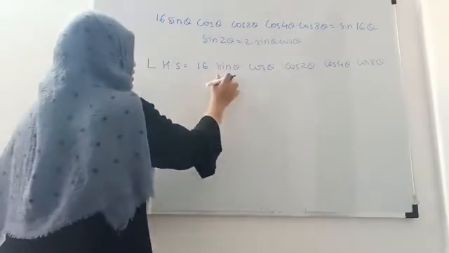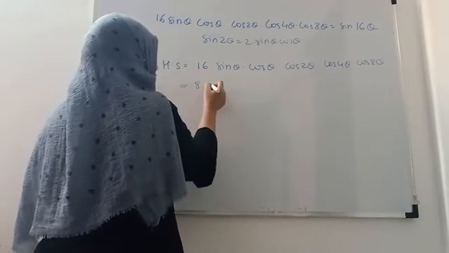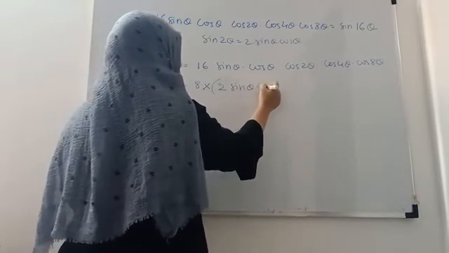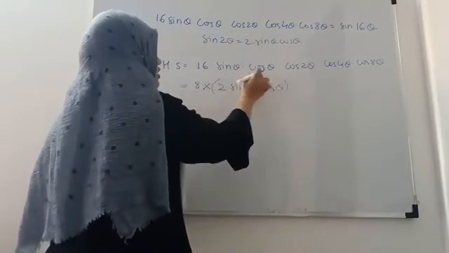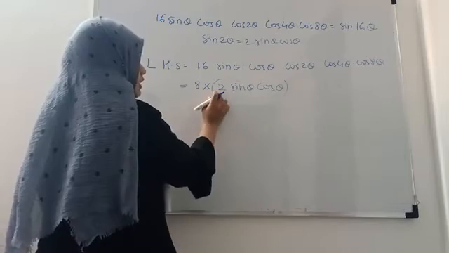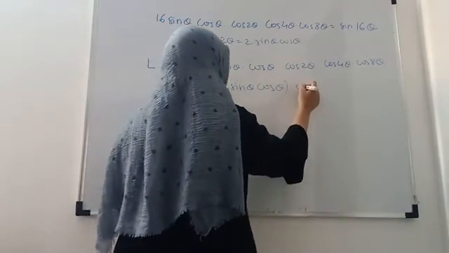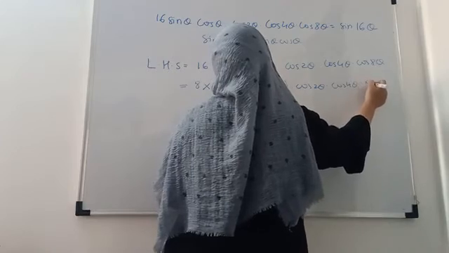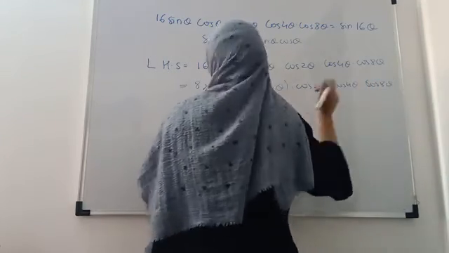Okay, now this 16 can be written as 8 into 2 times sin theta cos theta. I have just taken this 2 inside the bracket, sin theta cos theta, this term as it is, this term as it is, this term as it is.